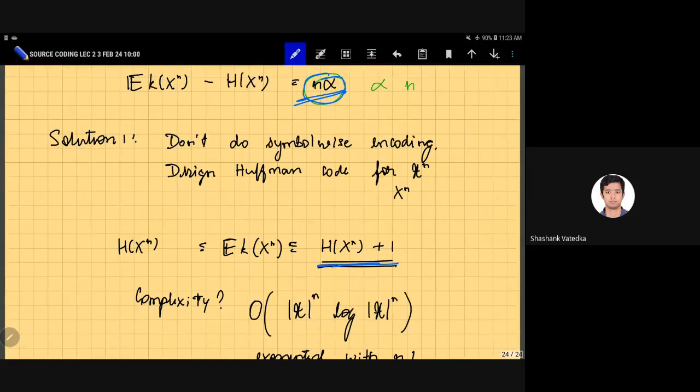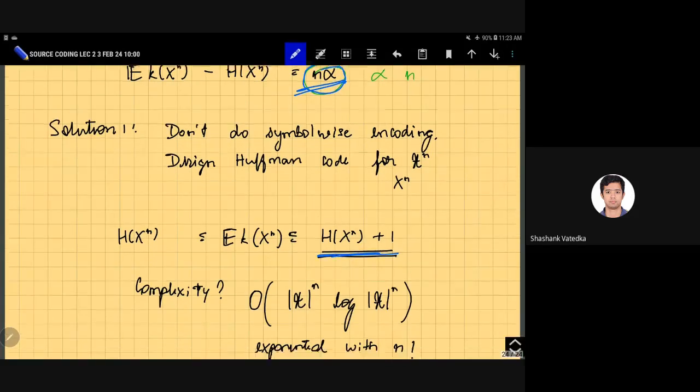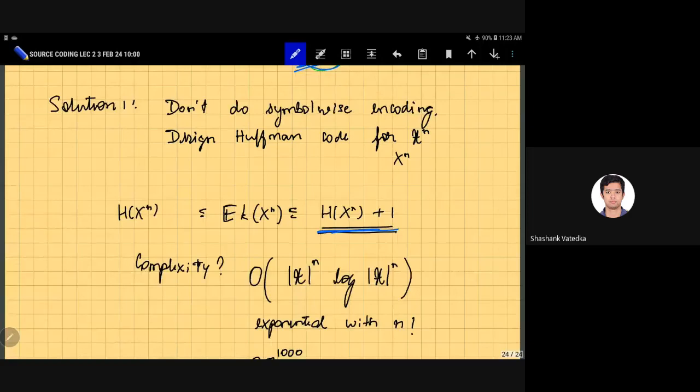So we want to construct a code which achieves an expected length within a constant gap of entropy, but at the same time has linear or at most quadratic complexity in the block size. Okay, any questions?